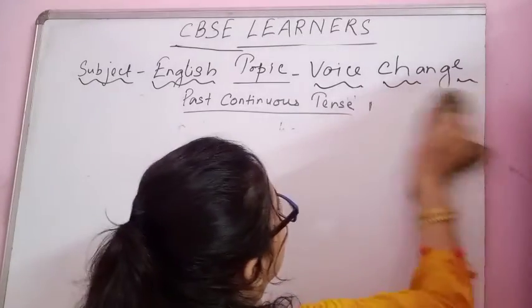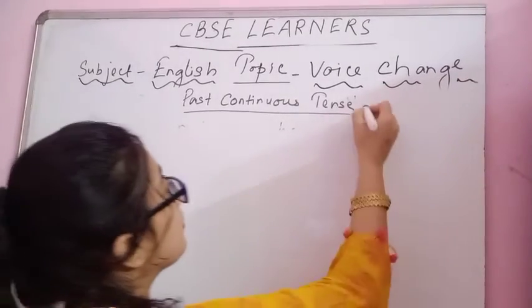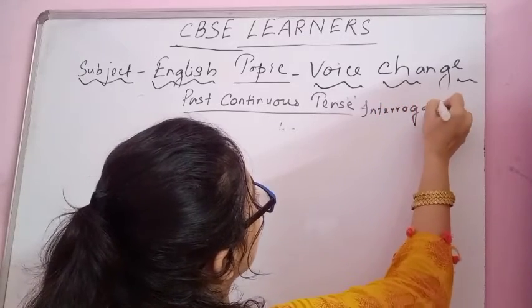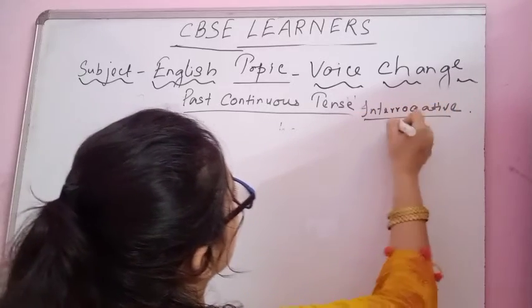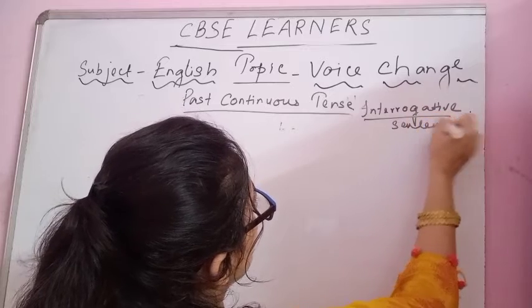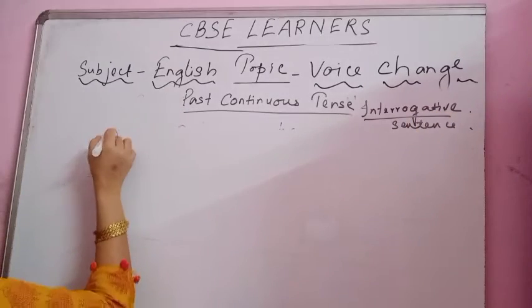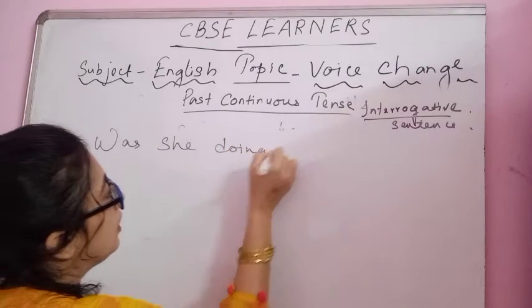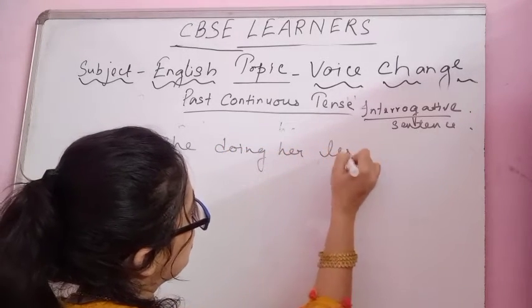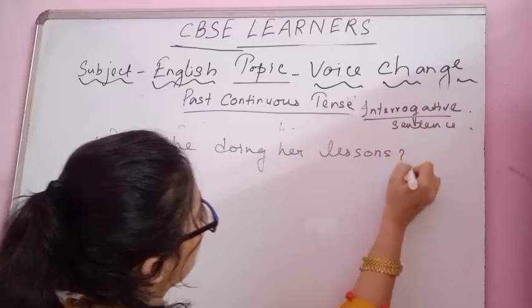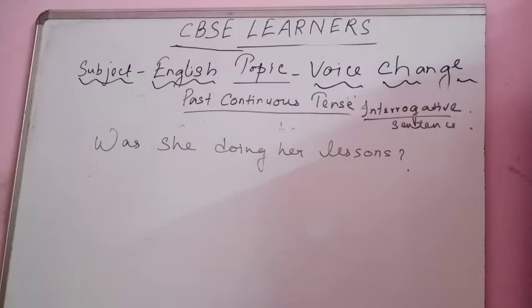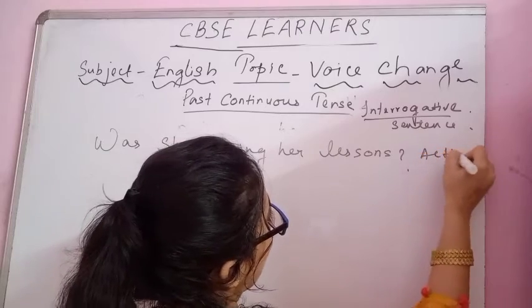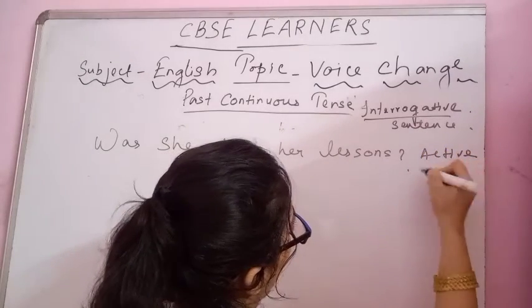In case of interrogative sentence, was she doing her lessons? Here was or were will depend on the subject in case of active voice, and in case of passive it will depend on the object.